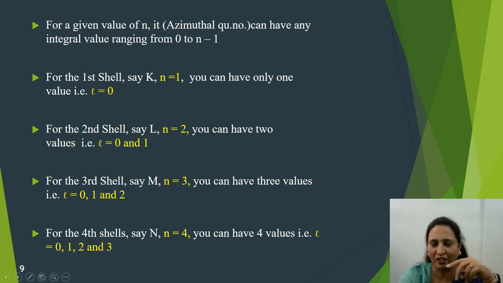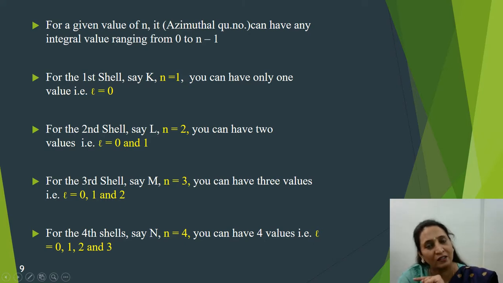For the third shell, where n is equal to 3, that is principal quantum number 3, you can have 3 values, l is 0, 1 and 2. Again it is calculated by using n minus 1. When the l value is 0, the orbital is s. When the l value is 1, the orbital is p.